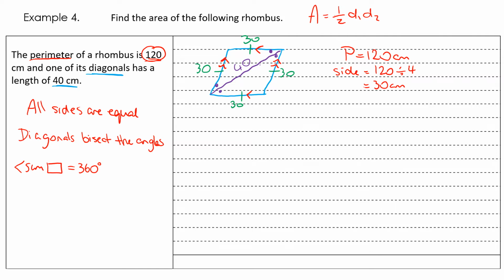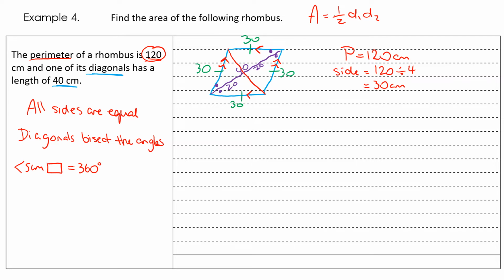Now what I'm going to do is draw my other diagonal. So if the whole line is 40 going all the way across, that means each half of the line is 20. So we've got 20 centimeters here, 20 centimeters here.